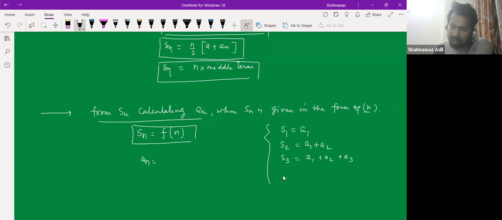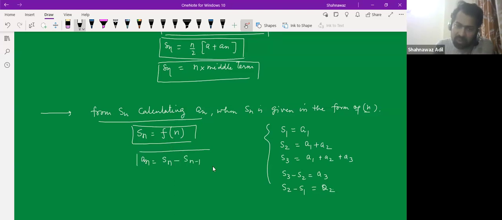So if I subtract S3 minus S2, I will get A3. If I subtract S2 minus S1, I will get A2. Similarly, if I want to calculate An, I have to subtract Sn minus S(n minus 1).